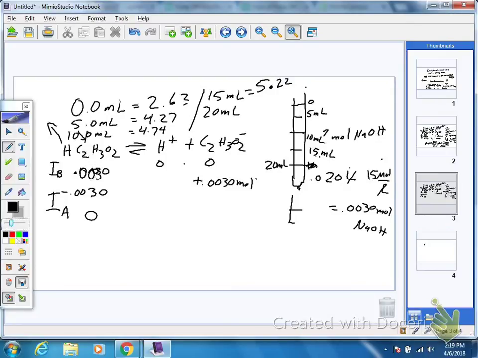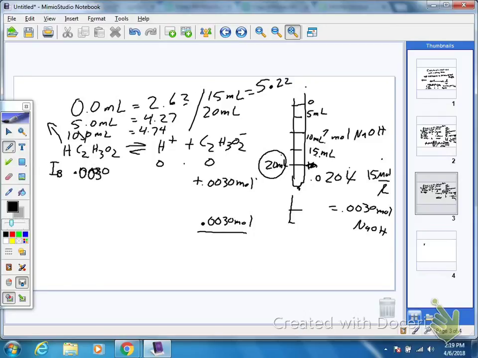So we have to revert back to this concept that we'd already have studied. It's just like if we have 0.003 moles of acetate ions, and if we want to find the concentration of those ions, we take 0.003 moles, divide it by the volume.